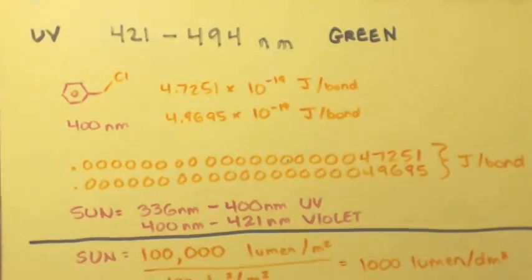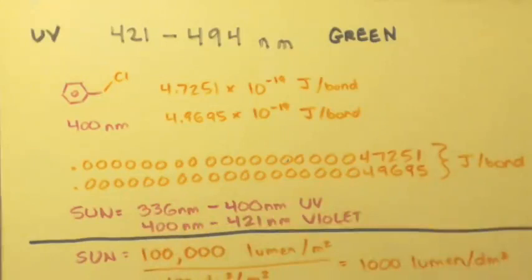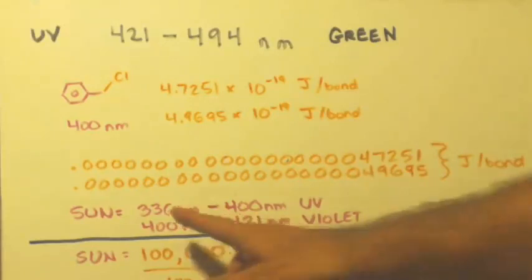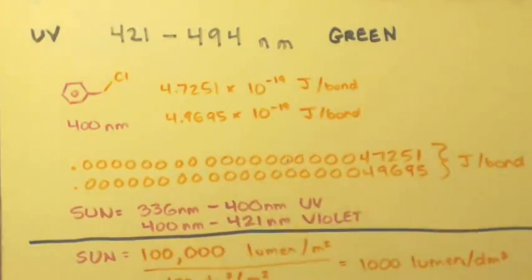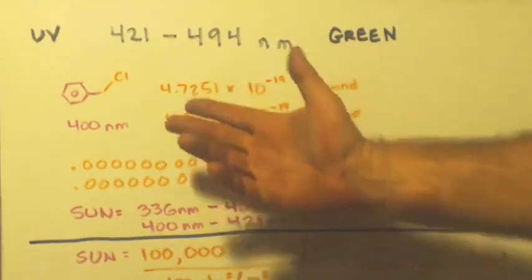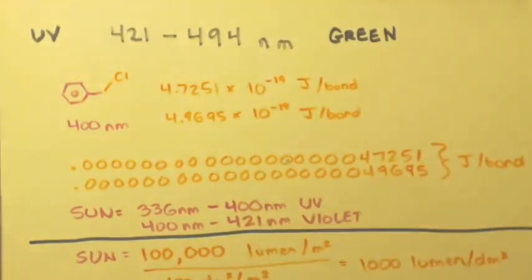But also keep in mind that 336 nanometers to 400 nanometers of UV light does get through the ozone and through the glass from your apparatus. And these 336 up to 399, they're higher energy. So there's even going to be more energy, and you only need exactly what this is. If you have exactly what it is, it's going to break the bond.